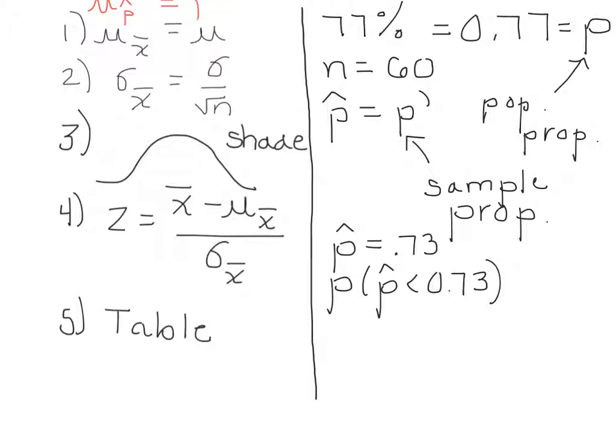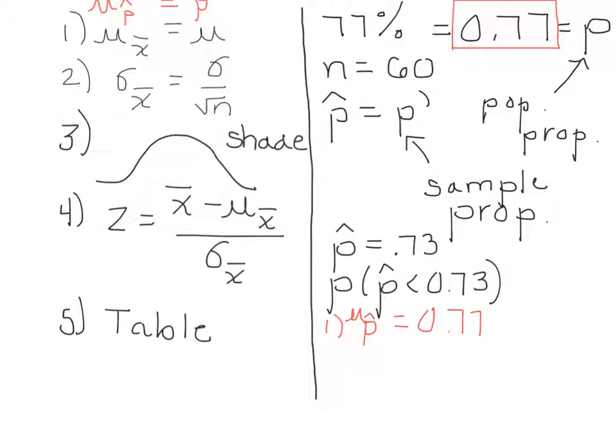And just like with means, it will equal the true population value. Not mean in this case, but proportion. So the true population proportion is P. In our case, our sampling distribution should be centered at this true population proportion given in the problem of 0.77. So mu sub p hat will equal 0.77.